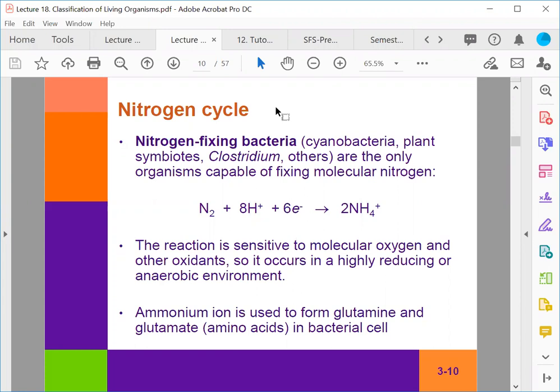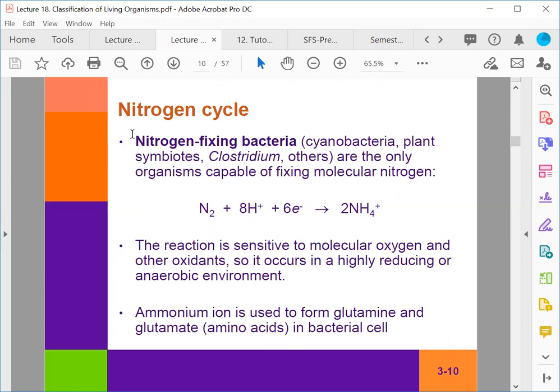And we'll concentrate here a little bit on the nitrogen cycle and how the bacteria are critical within the nitrogen cycle. So let's consider on this particular slide, phase one or stage one of the nitrogen cycle.